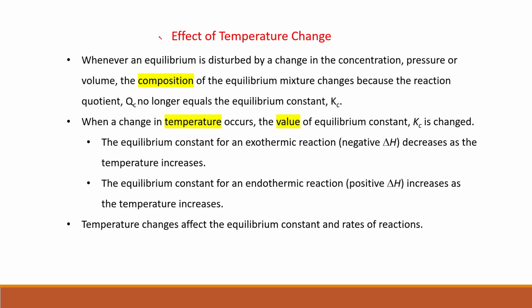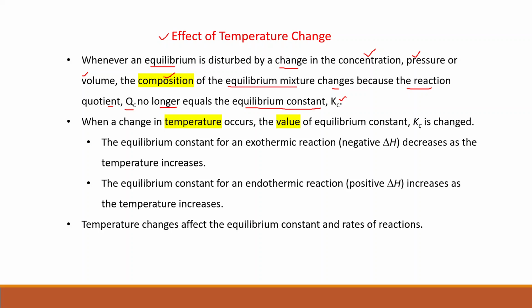Now, effect of temperature change. Whenever an equilibrium is disturbed by a change in the concentration, pressure or volume, the composition of the equilibrium mixture changes because the reaction quotient Qc no longer equals the equilibrium constant Kc. In the previous video we discussed the effect of change in concentration and pressure.